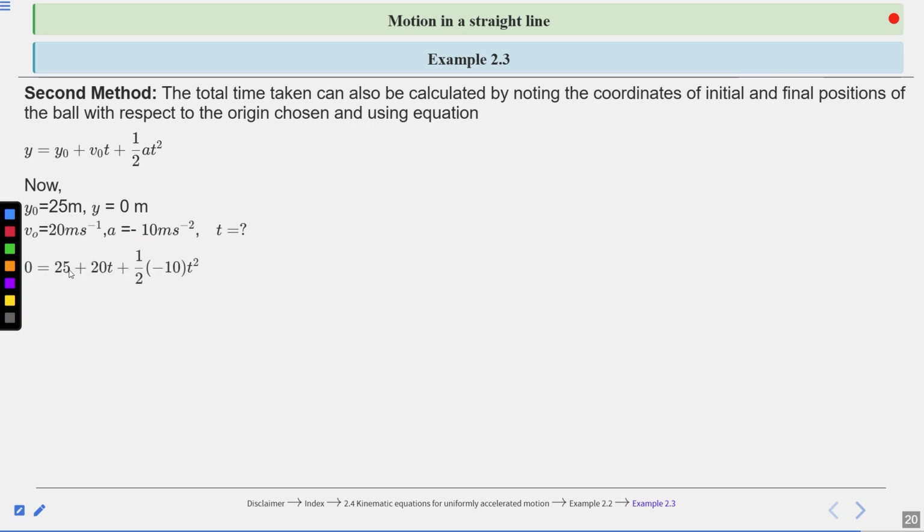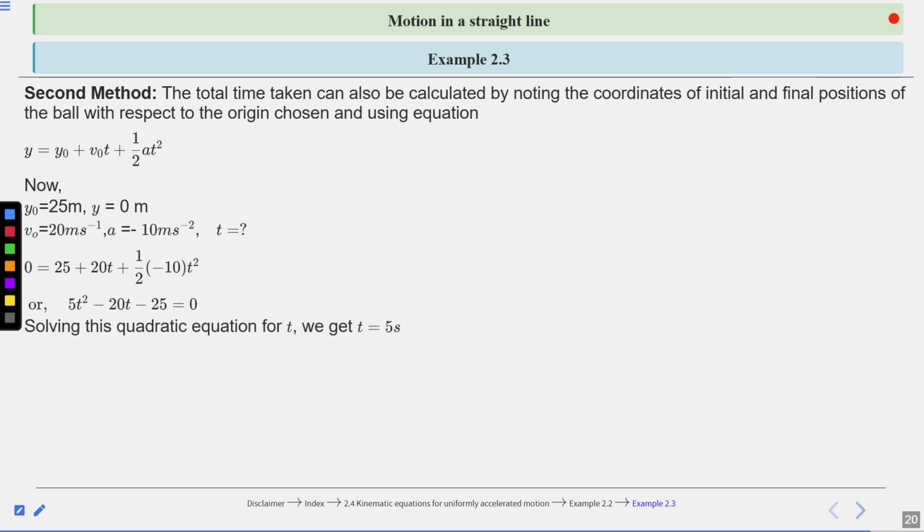So 0 equals 25 plus 20t plus half into minus 10 t square. So the equation becomes 5t square minus 20t minus 25 equal to 0.